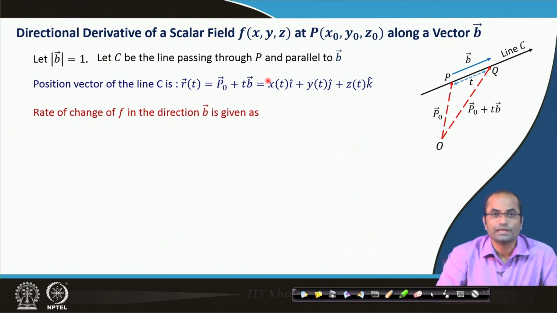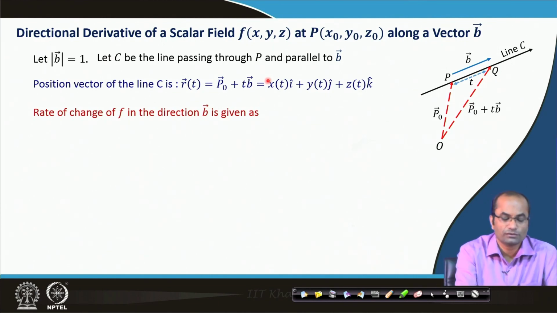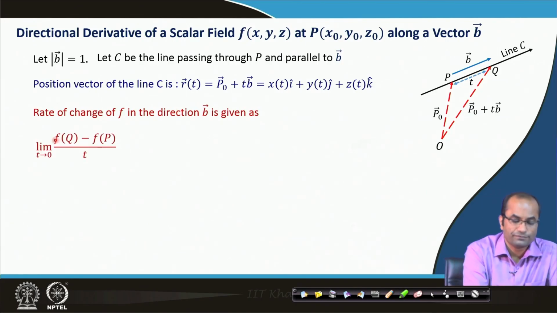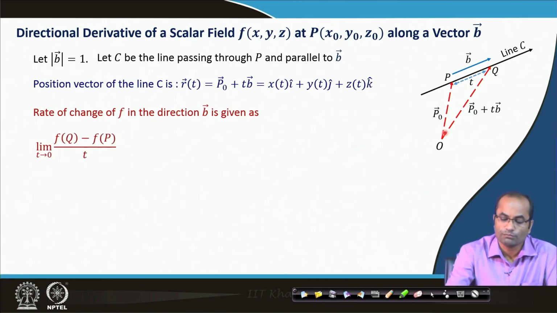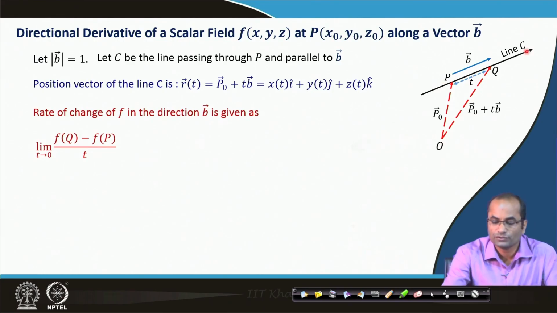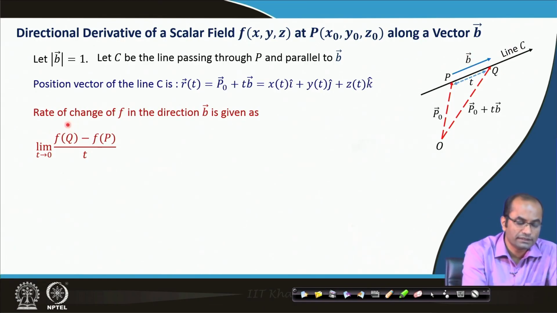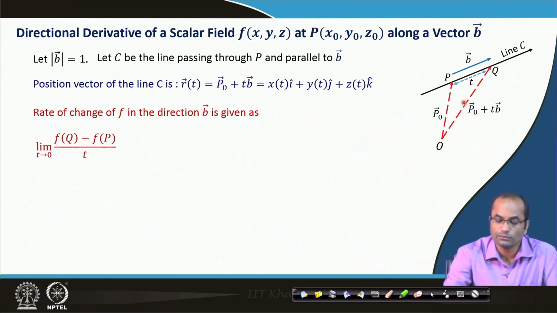The rate of change of f in the direction of b, we can compute as f evaluated at q minus f at p, because we are moving only in the direction of b from the point p along this line, divided by this distance t.